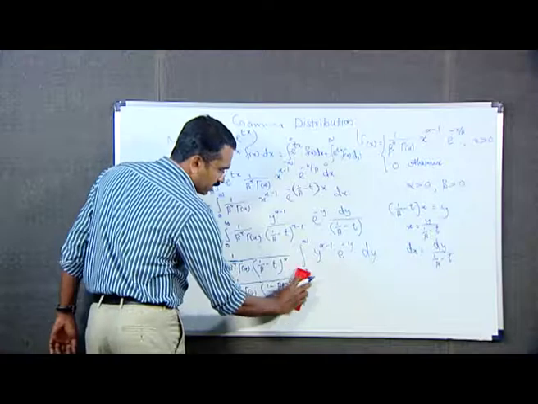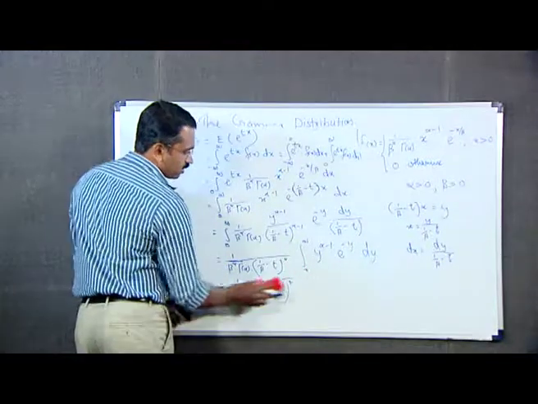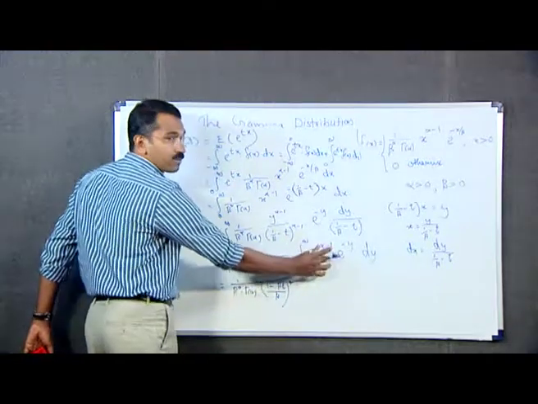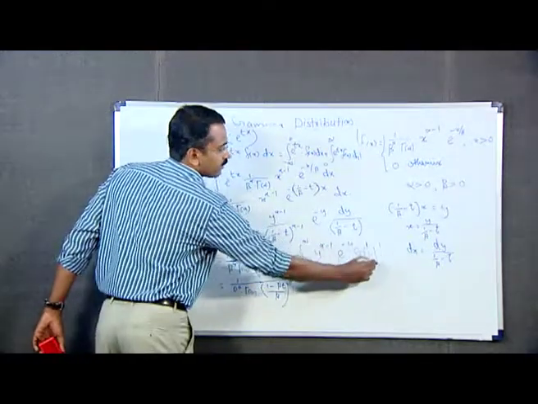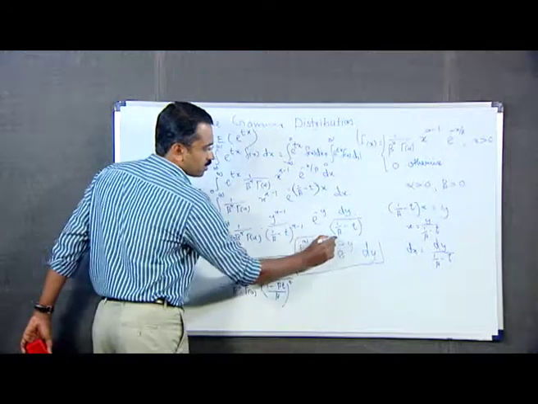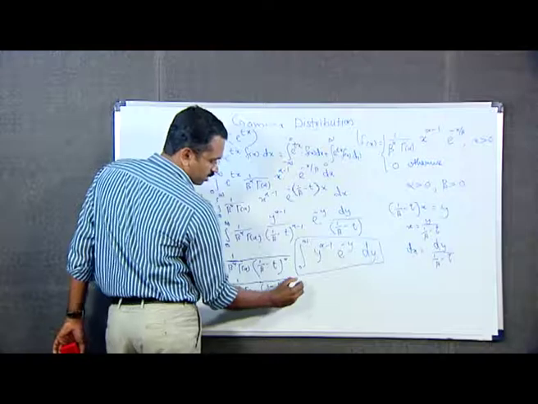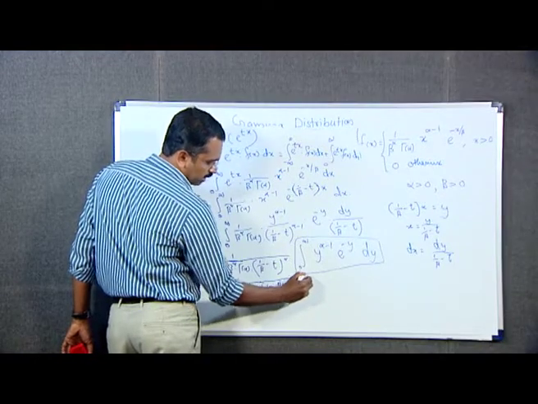By definition of a gamma function, integral from 0 to infinity y raised to alpha minus 1 into e raised to minus y dy is gamma alpha.